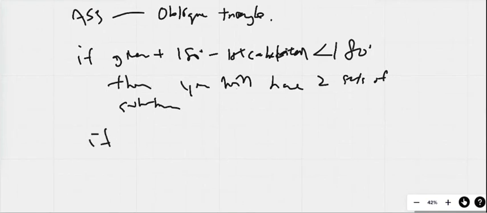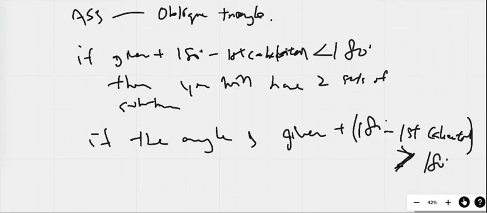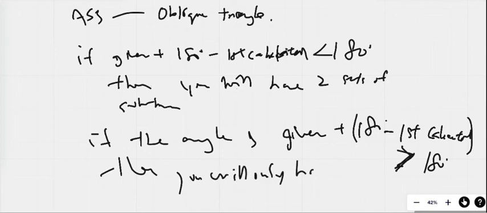If the given plus 180 minus the first calculated number is greater than 180, then you will only have one set of solution.